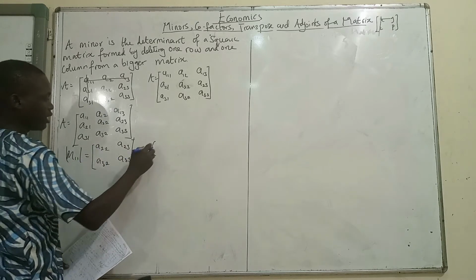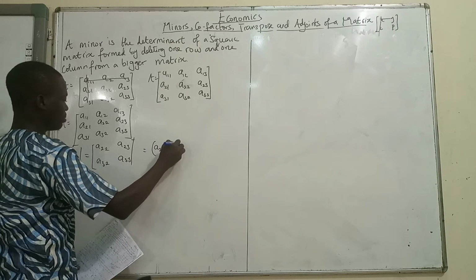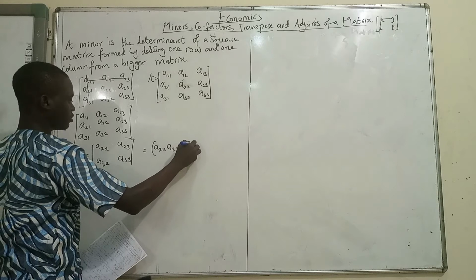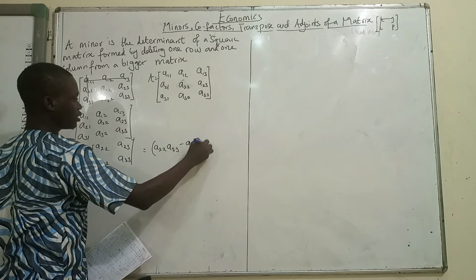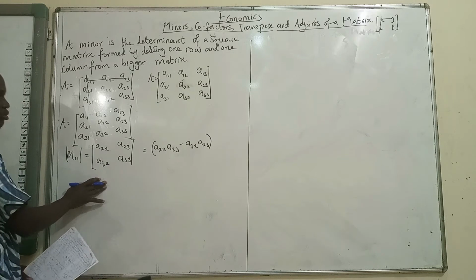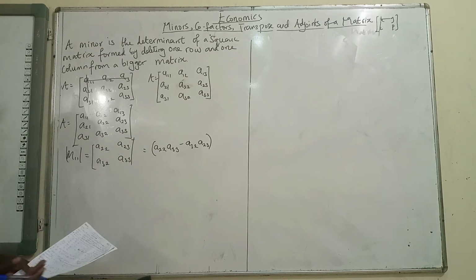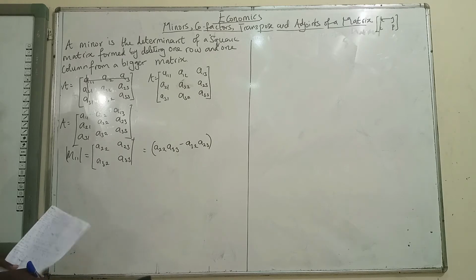So this is A22 multiplied by A33 minus A32 multiplied by A23. Whatever this gives us is going to be M11. Don't worry, I'm going to be solving numerical examples to make us understand this.